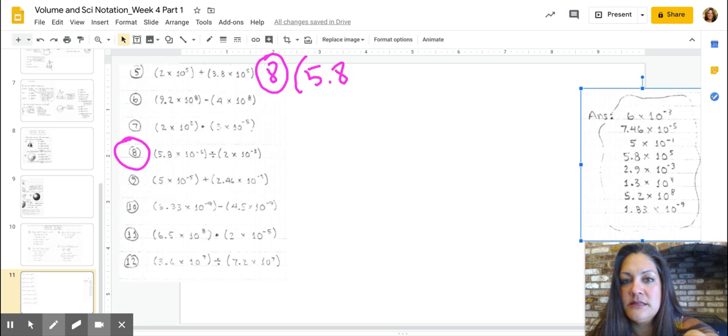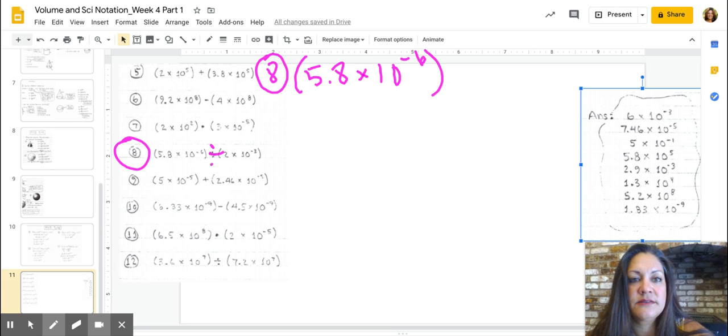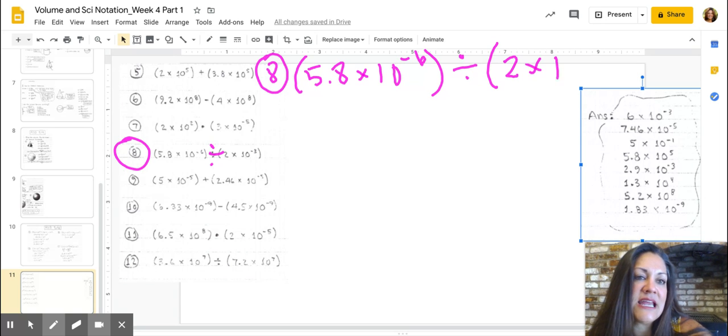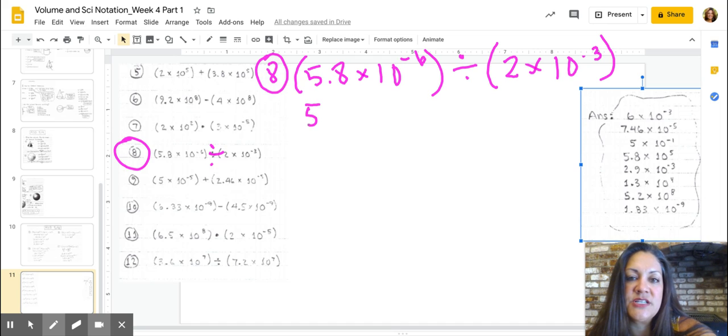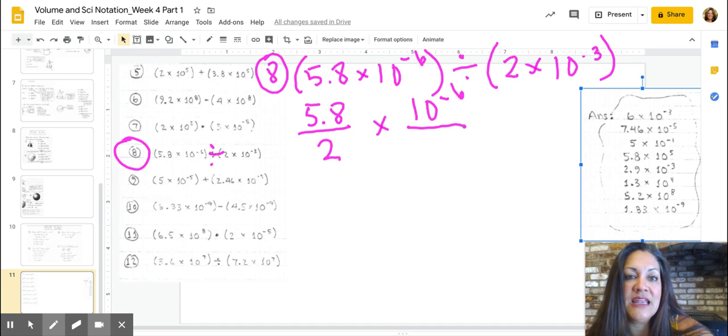Number 8. 5.8 times 10 to the negative 6th divided by 2 times 10 to the negative 3rd. Okay, so let's put these into fractions, which will show our division. So 5.8 divided by 2 times 10 to the negative 6th divided by 10 to the negative 3rd.